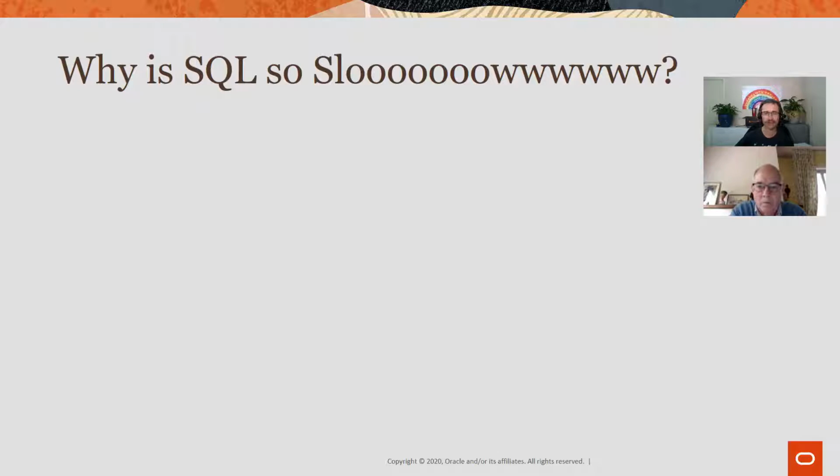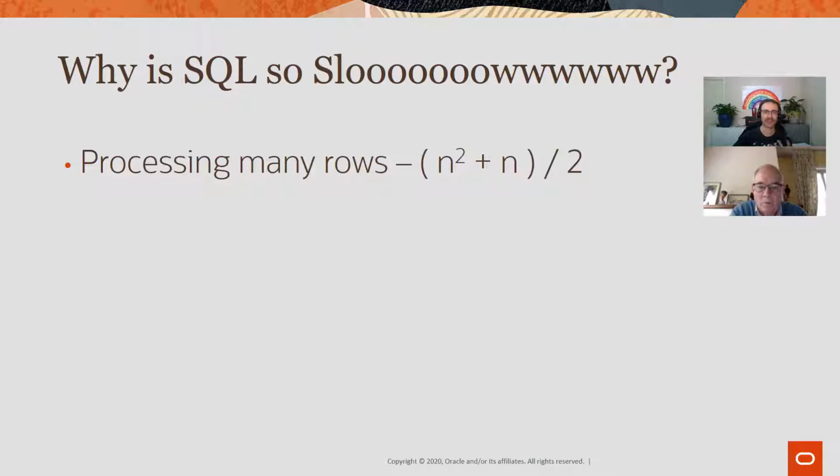And this just kind of relates to some of the things Stu's been talking about. First up, in the general case, we are processing many rows. So we're taking one of those strings and splitting it out into the possible substrings. So we've got a 15-character input string. We've got one 15-character string, two 14-character strings, all the way down to 15 one-character strings, which grows at a rate of n squared plus n over 2.